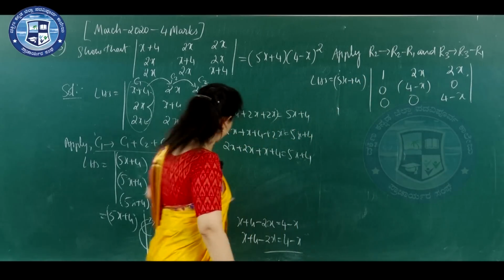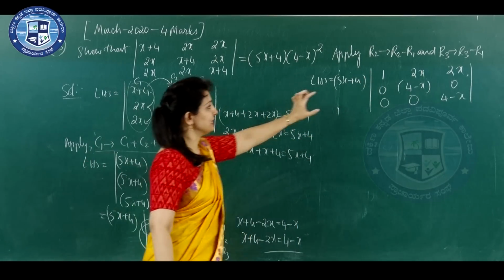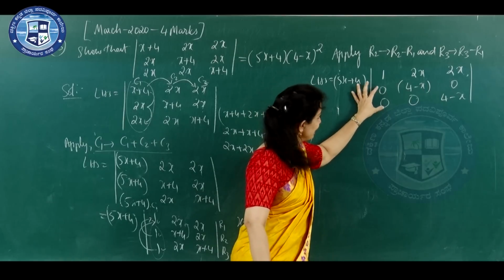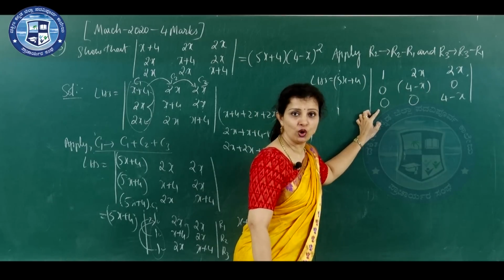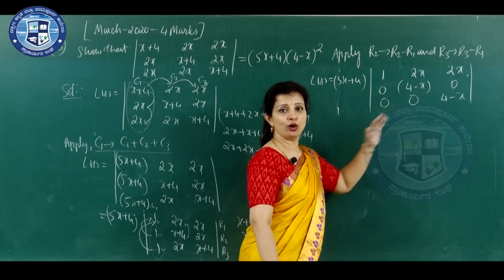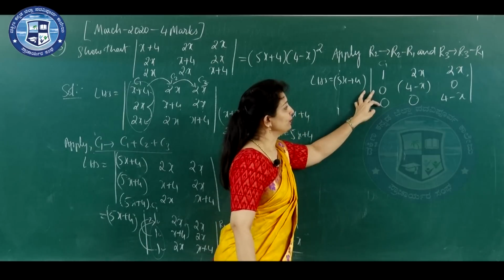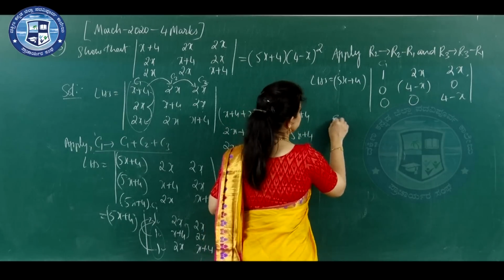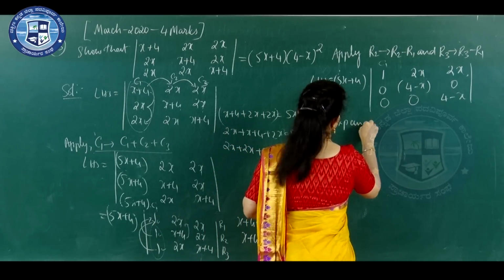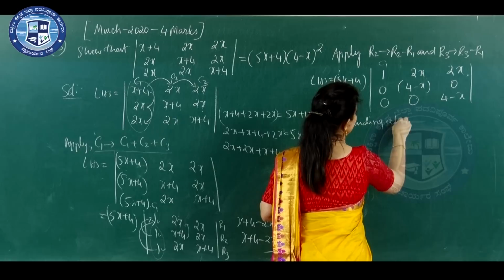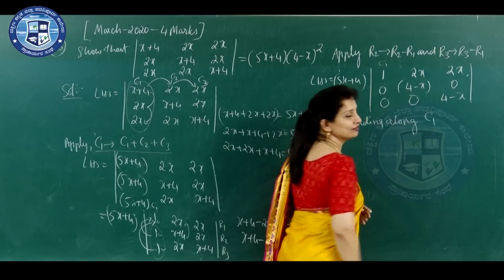We have converted these two ones to zeros. Once you get 2 zeros in any row or column, expand it along that column or row. So, here in the first column, 2 elements are 0. Now, expand it along C1, first column.